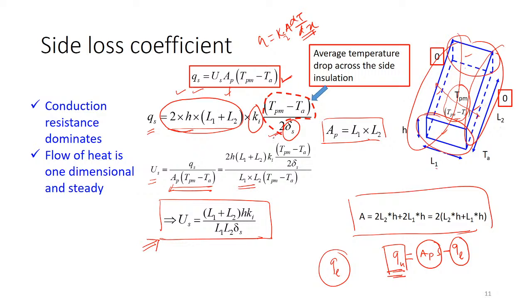This 2 is not for the delta S, this contribution is from this concept. When we apply this, US or the loss coefficient will be (L1 plus L2) multiplied by H into Ki divided by L1 L2 into delta S. So this is correct. I have raised this issue here for your understanding only.